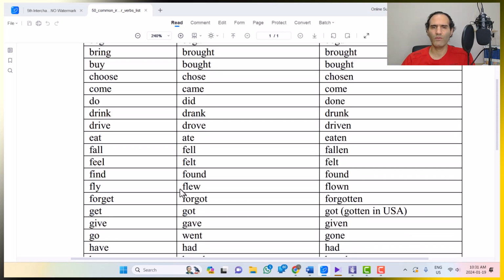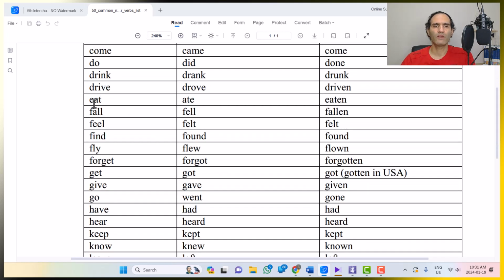Are you repeating with me or not? Eat, ate. Fall, fell. Feel, felt. Find, found. Fly, flew, flown. Forget, forgot. Get, got. Give, gave.